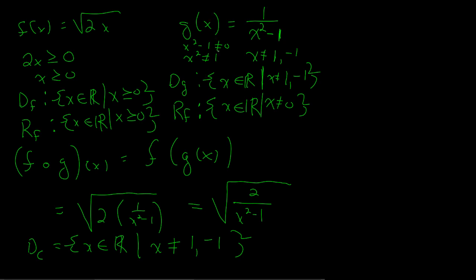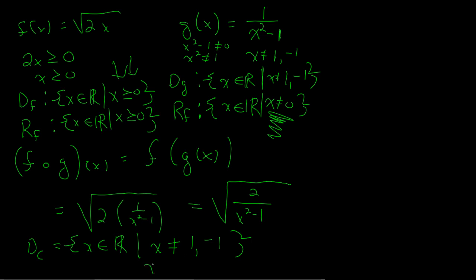If I spill 0 into this, my range becomes the input for f. Well, this is never spitting out a 0. So it satisfies this here. And now I need values that are greater than 0. So x can't be 1 or negative 1.